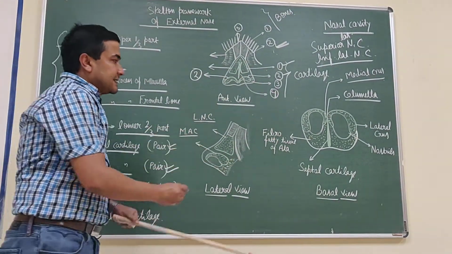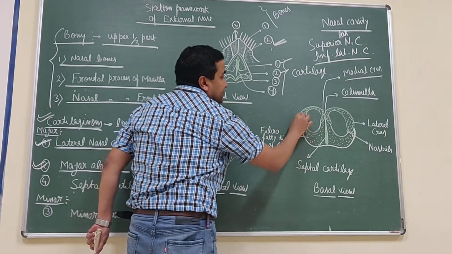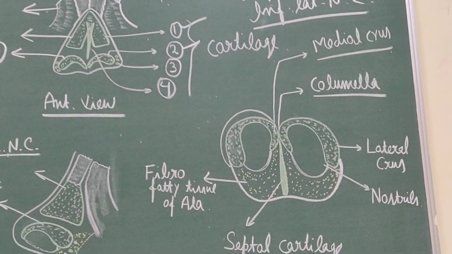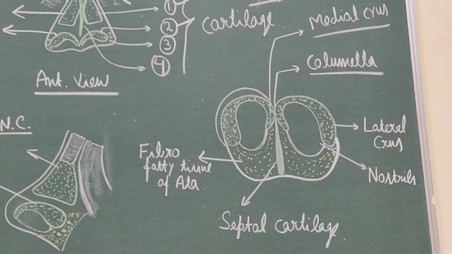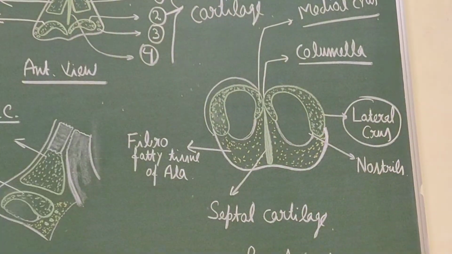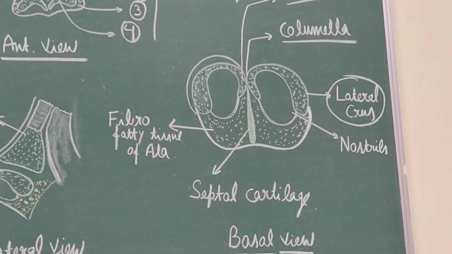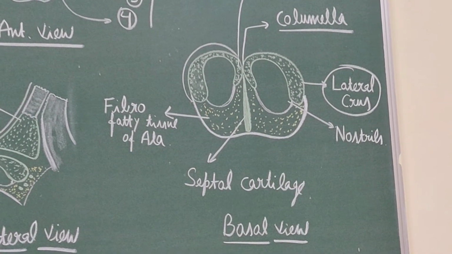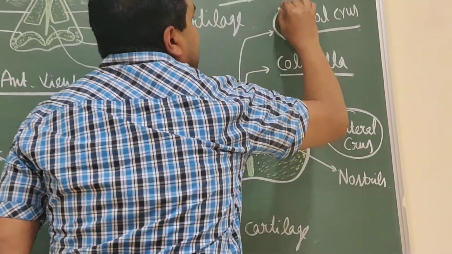Now we see the major alar cartilage. It is a C-shaped structure on both sides. It has two crura. That is the lateral crus, which supports the ala of the nose, while this is the medial crus.